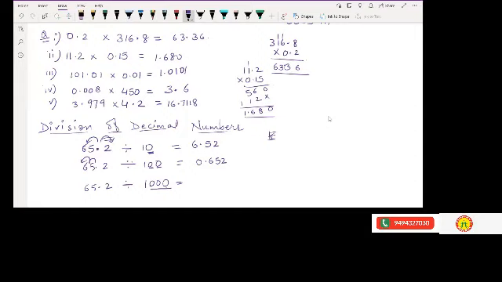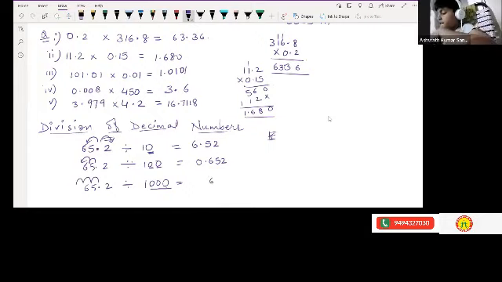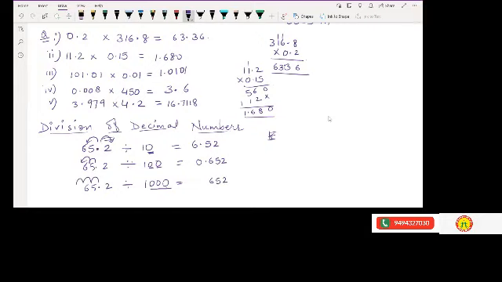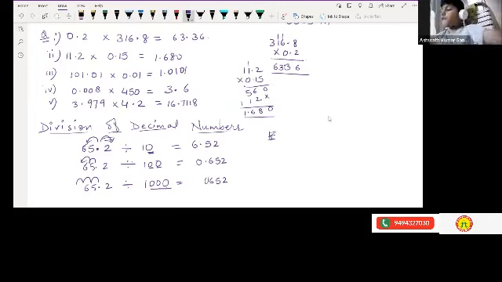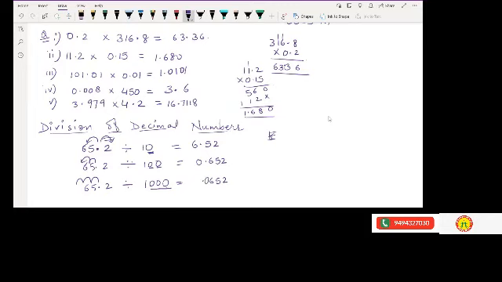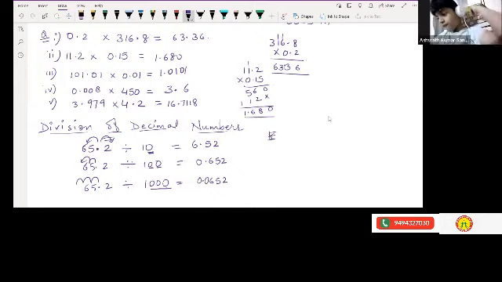So it will move one place here, second place, then another place. We don't have any number, so we'll put zero here. So this is 652. Originally the place was here. So one place, second place, and third place will be zero, and then point here. You got it? Yes, ma'am.